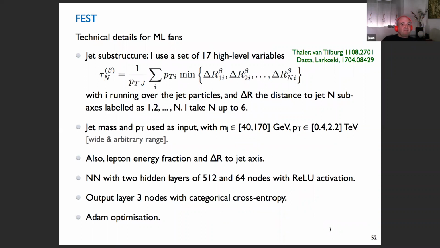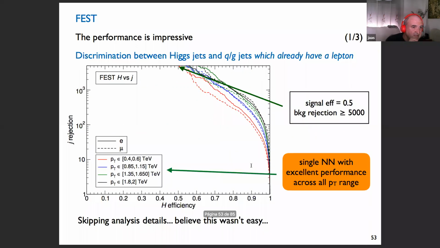Now, building upon that, you can apply this method also for tagging jets with leptons, in which you use some variables parameterizing the substructure, also the mass and PT, and as I have mentioned, the energy fraction and delta R. I will skip these technical details and just show the results. You have here the ROC for Higgs discrimination versus jet. It's a three-class discrimination: Higgs, top, and jet. But you may be interested in discriminating Higgs versus jet.